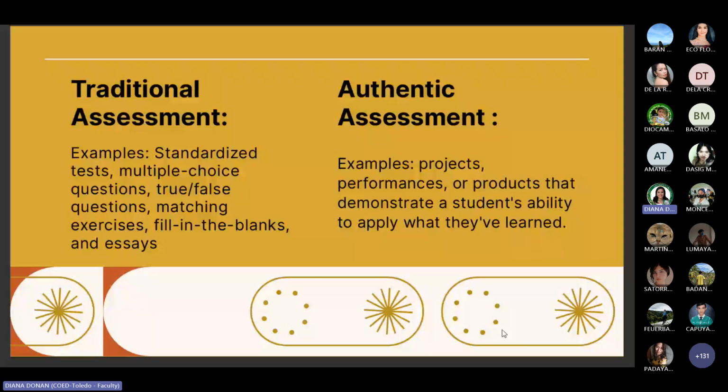Okay, so it involves performances, portfolios, and also real world problem solving tasks. Now, this type of assessment, the authentic, allows students to demonstrate their understanding by applying what they've learned in meaningful and practical ways. So, in short, traditional assessment focuses on what students know, and authentic assessment focuses on how they use what they know. So it's all about performing.